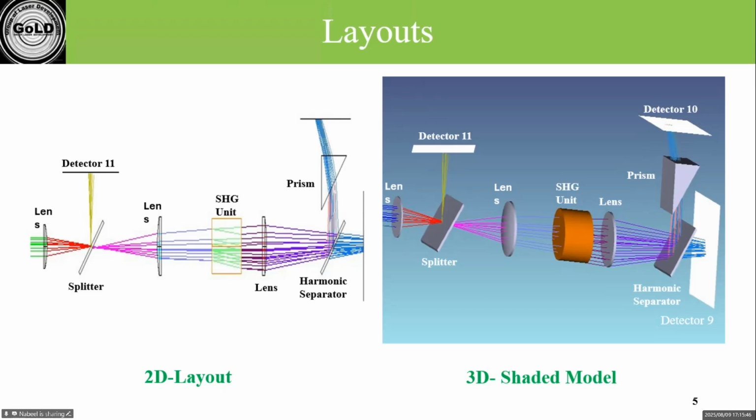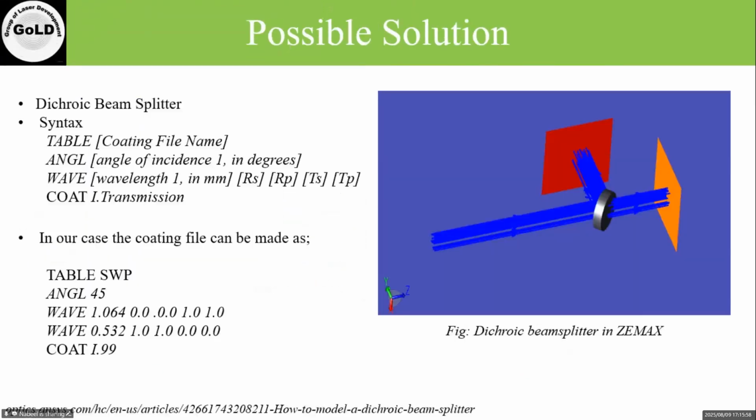As I discussed with Mudassir earlier, which Mudassir pointed out in discussion, it is not working as a harmonic splitter, but I have it right now in my geometry. So we want to add this kind of coating file, which will pass 1064 nanometer and reflect 532 nanometers.